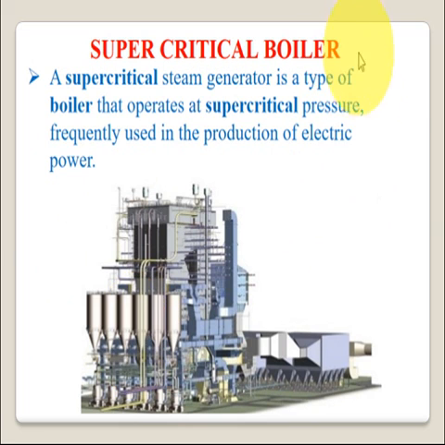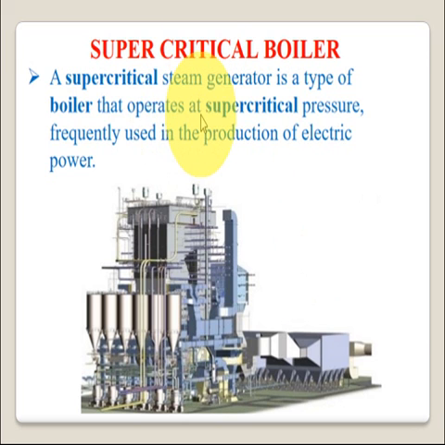Next is the supercritical boiler, which we have already discussed. When the steam temperature and steam pressure are more than the critical pressure and critical temperature, the boiler is called a supercritical boiler.